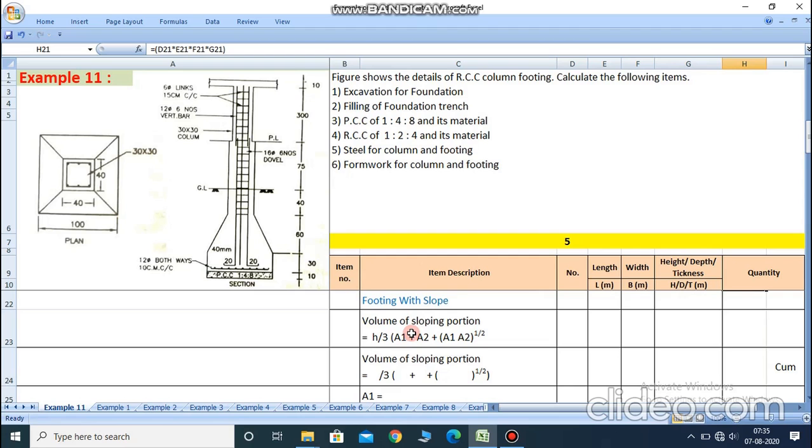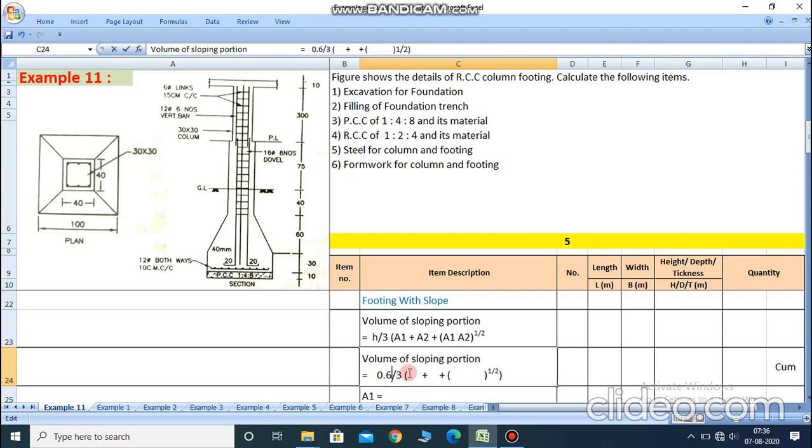So h by 3 times (A1 plus A2 plus square root of A1 A2), that is, A1 A2 raised to the power 1 by 2. Here for the volume of the sloping portion, h we take from this point to this point, the h value is 60 centimeter, means 0.6 meter. So write 0.6.